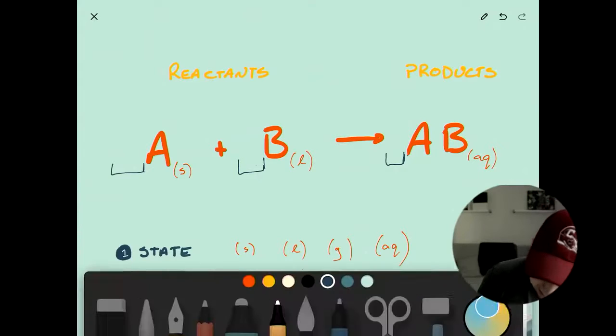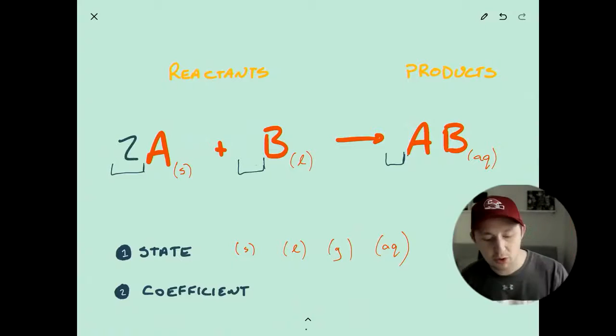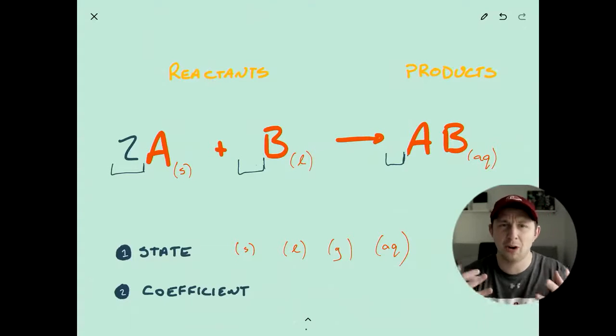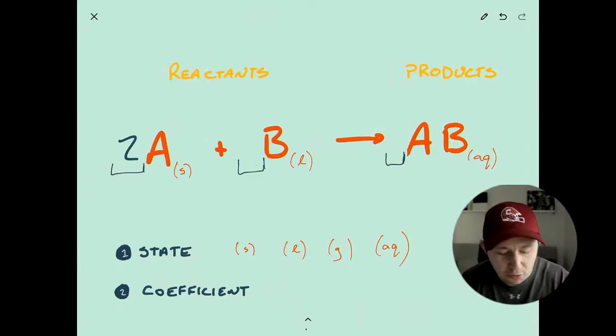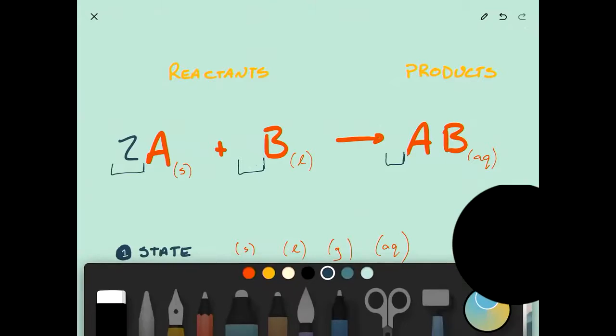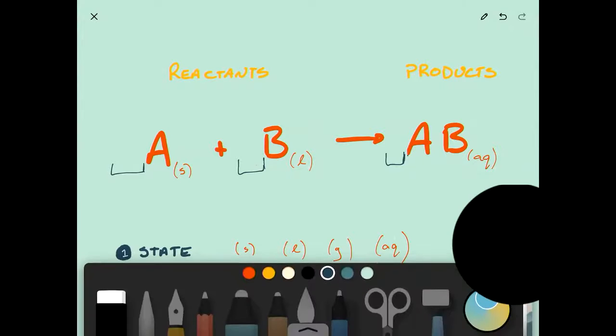So if I had, let's make this a little bigger here, if I had 2 of that A compound, whether that's an element on its own or a compound, I would have a coefficient of 2. Now, if the coefficient is equal to 1, we don't need to write anything in there. So if I just had 1 A, I would just leave it as A there. But if I had 2 of them, I would put that 2 up front.